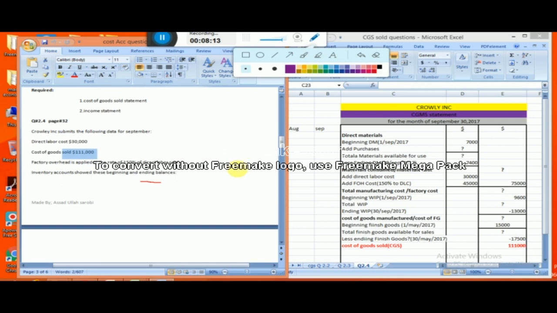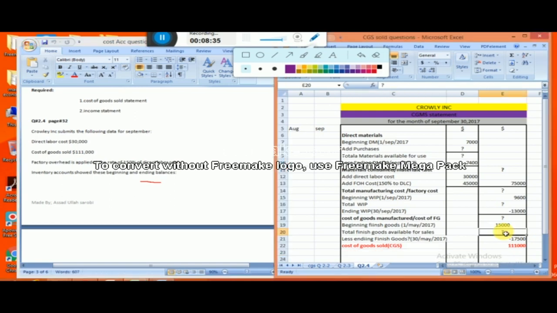Clear or not clear? Now look at 1,11,000 plus 17,500. We will add this amount plus this amount.